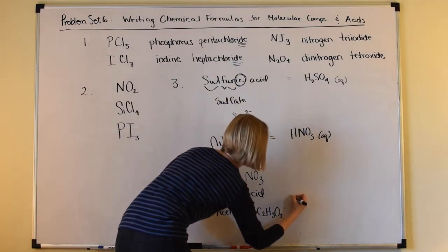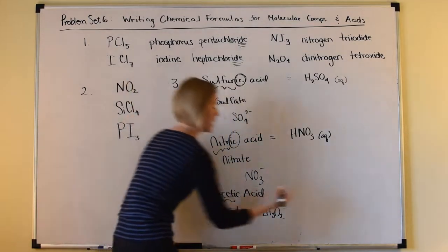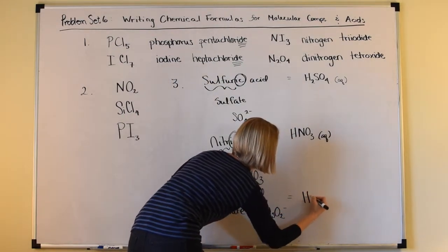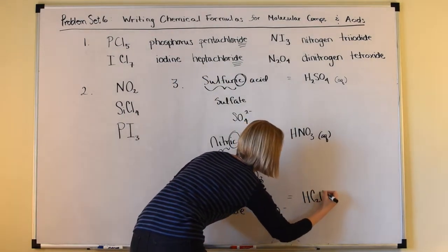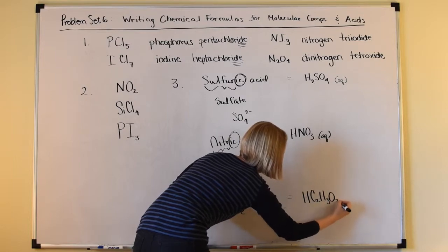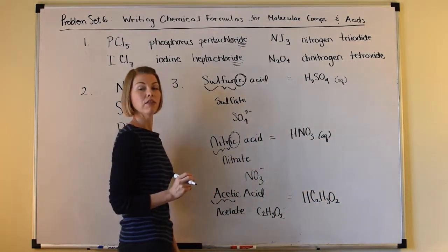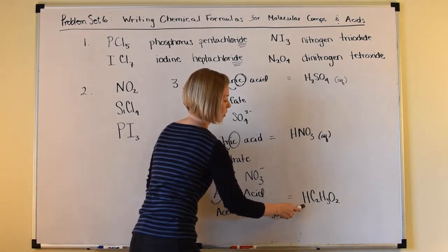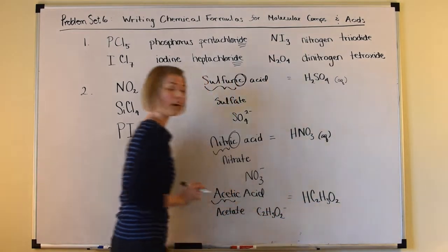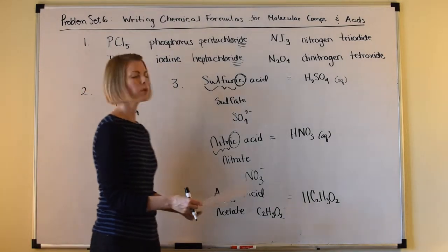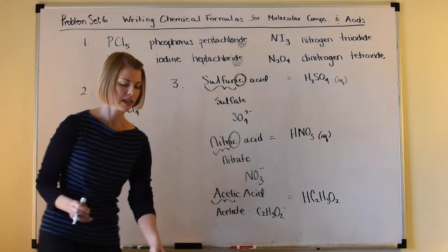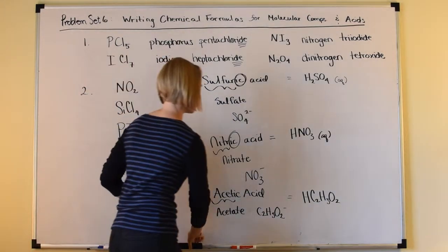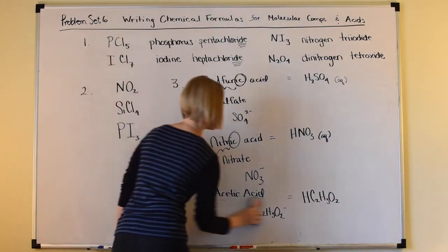So the formula for acetic acid is one acidic proton, so HC2H3O2. Remember, in the formula for an acid, only your acidic hydrogen is written first. So these 3 hydrogen are not acidic. Okay. And we'll talk more about the chemistry of acids in a later tutorial. All right, let's erase all this.